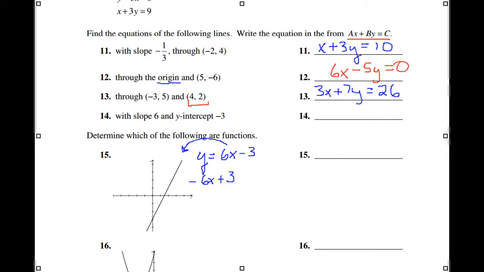Working ahead here. Negative 6x plus y equals a negative 3. But if they want our a term to be positive, we just reverse all the signs. So that would be 6x minus y equals 3.